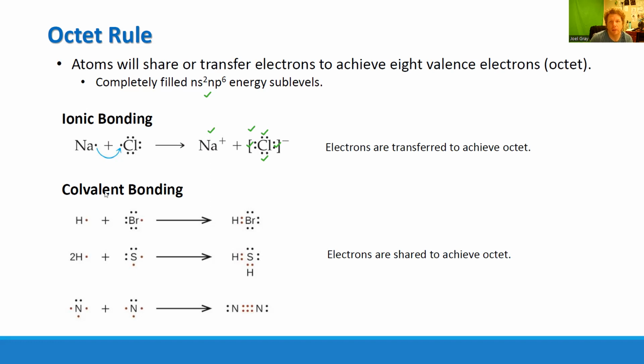Meanwhile, if we look at covalent bonding, what we have is sharing of electrons. I depicted this in class the other day by drawing something, or another way that you can model HBr would look like this, HBr.